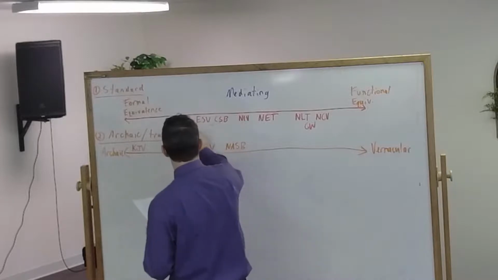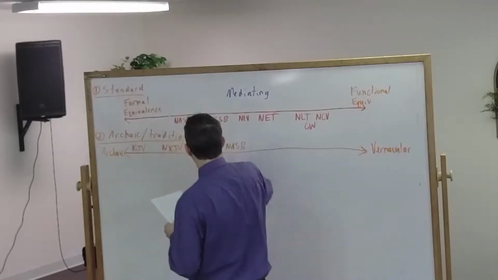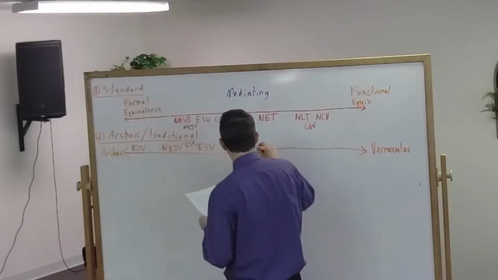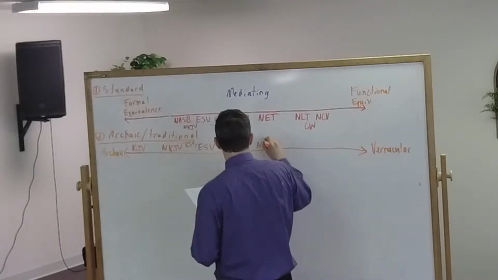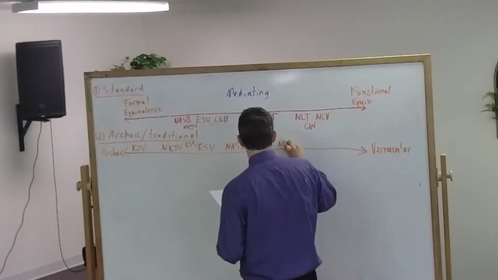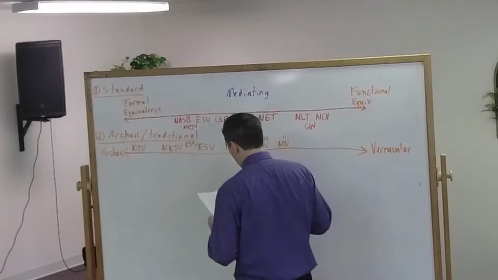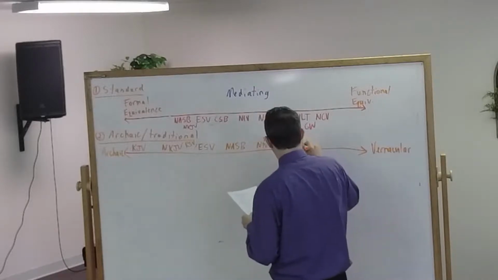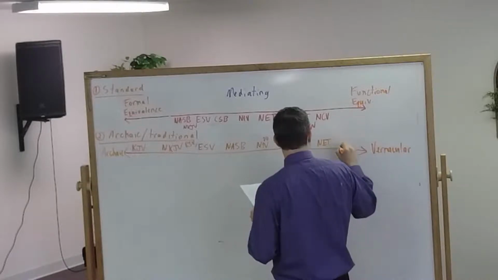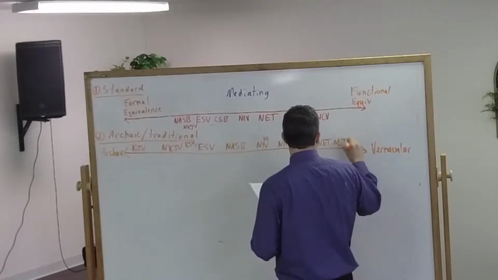Notice the switch. So up here is ESV and NASB, but here you have ESV and then NASB. And then over here you would have NIV 84, that's the previous edition. And then you'd have NIV 2011. And then you'd have CSB, and then NET Bible, and then NLT over here.